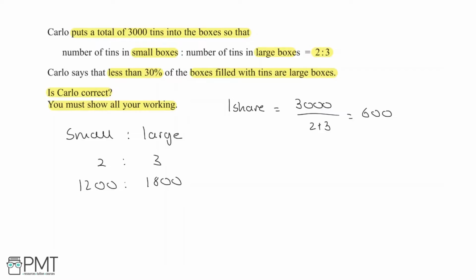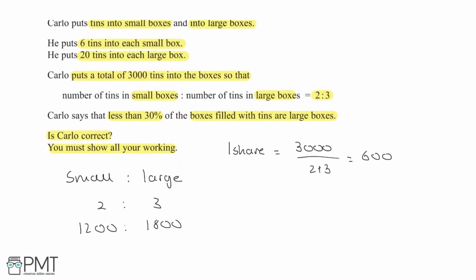So the next step is to work out how many of each box there are. We know that 1,200 tens go into small boxes and there are 6 tens in each small box.